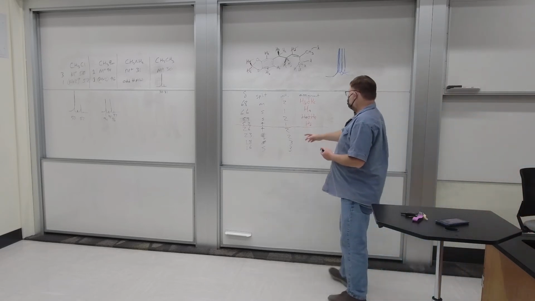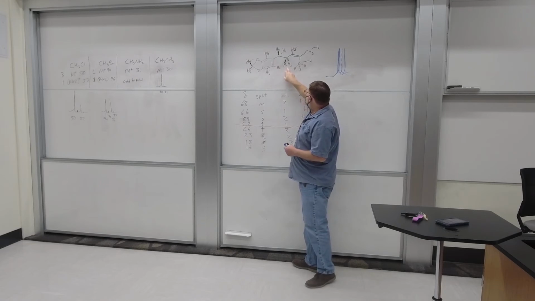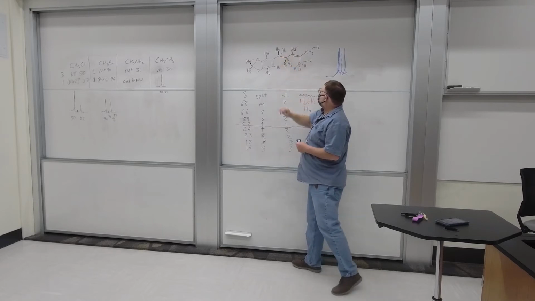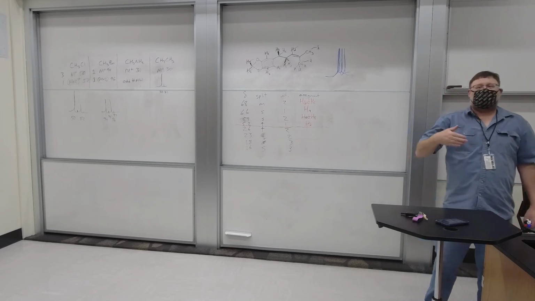So here, though, because the signal at 2.6 is a triplet, G and H only have I and J as neighbors. I and J have D also as a neighbor. I and J are G and H neighbors and D neighbors. So there are 3 neighbors for I and J, 3 neighbors is a quartet.